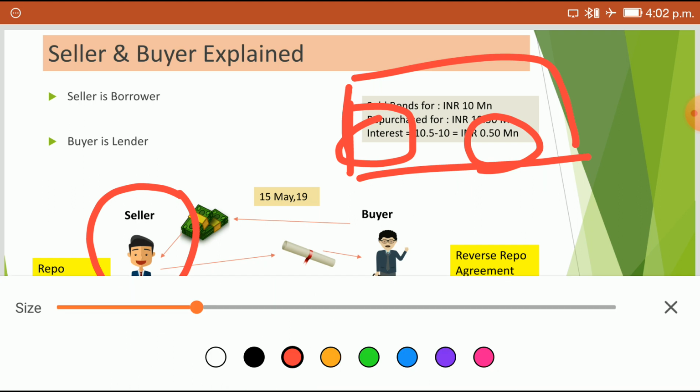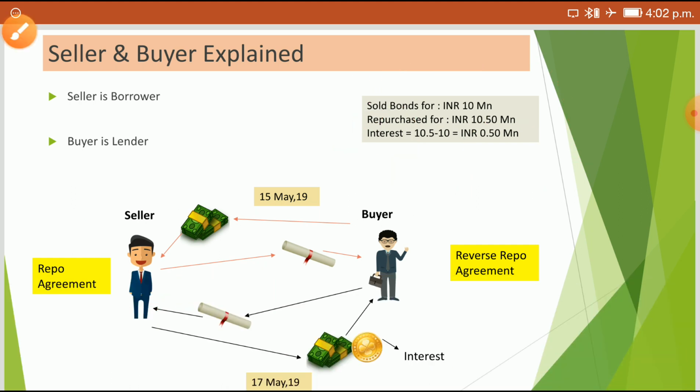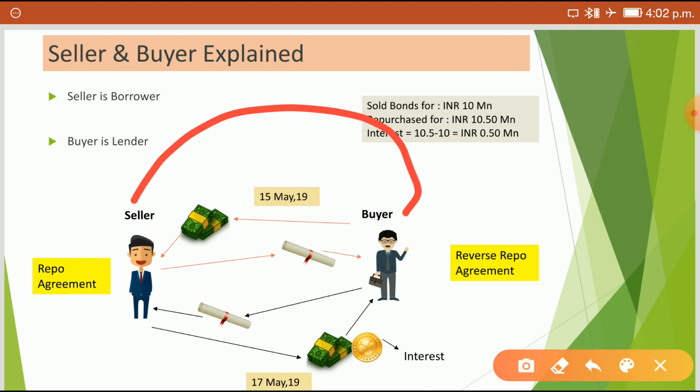So let's see how this transaction happens. First, the seller approaches the buyer and says that he needs some money, in this case 10 million INR, on 15th of May. He says: I will give you bonds valued at, say, 12 million, because generally the buyer takes security of value more than the amount that he is lending.